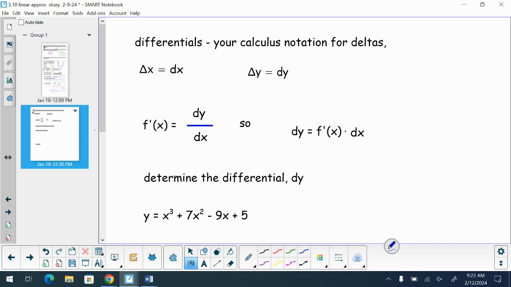So in the calculus world, the slope, which we know was delta y over delta x, which is f prime of x, turns into dy dx. If you multiply both sides by dx, what you're left with is dy is equal to f prime of x dx.